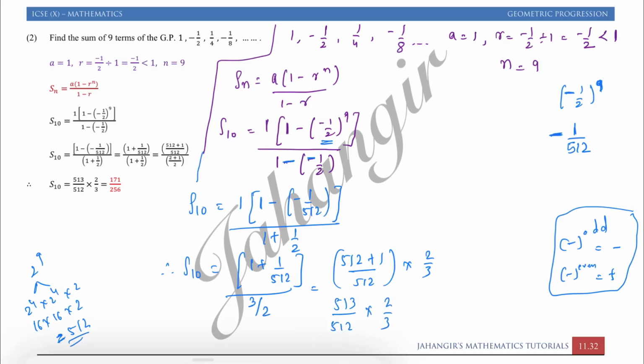Just cancel out. 2 ones are 2, 256. 3 ones are 3, 3 sevens are 21, so it is 171 upon 256. So therefore, in the last you can write, S10 is equal to 171 upon 256. Sum of 10 terms of this sequence is 171 upon 256.